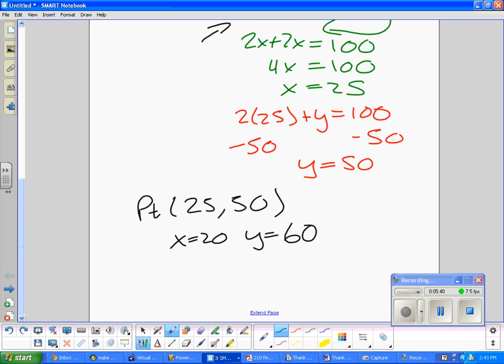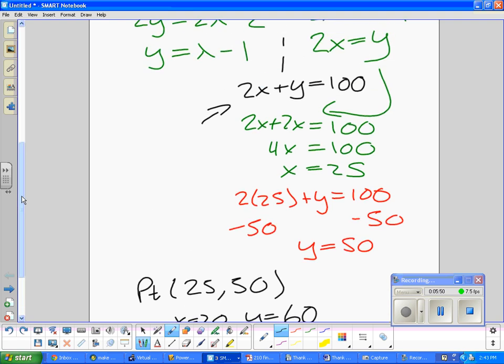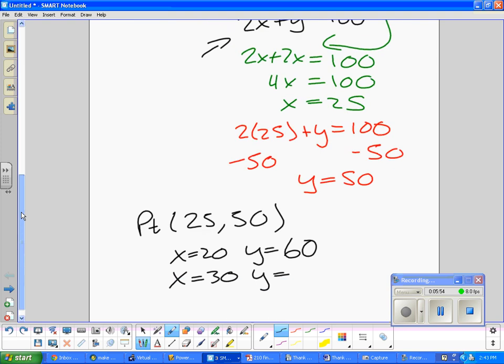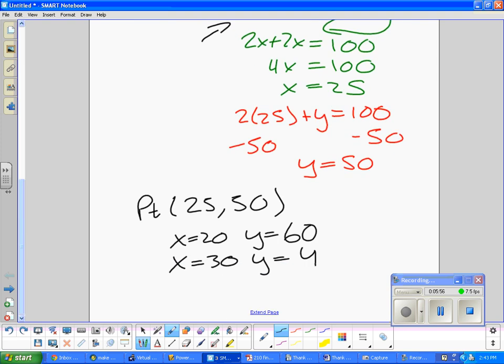And we'll go the same amount in the other direction, 30: 30 times 2 is 60, then we'll get 40 for our y value.